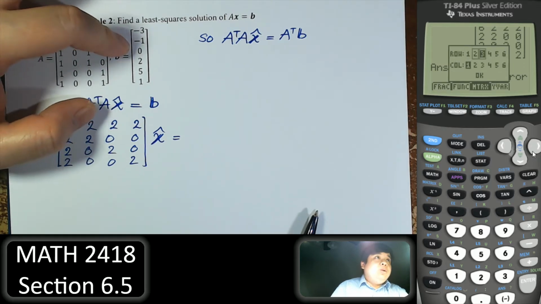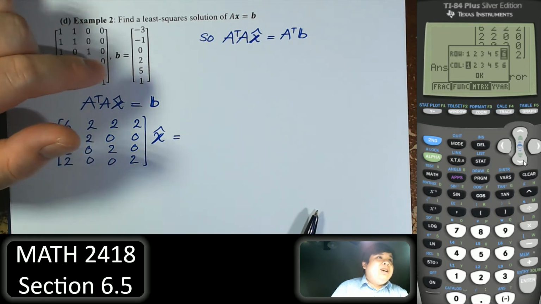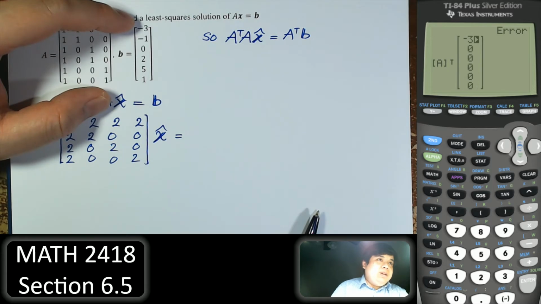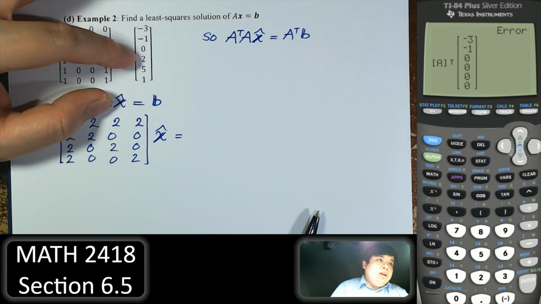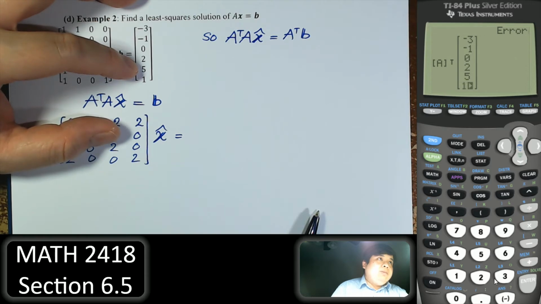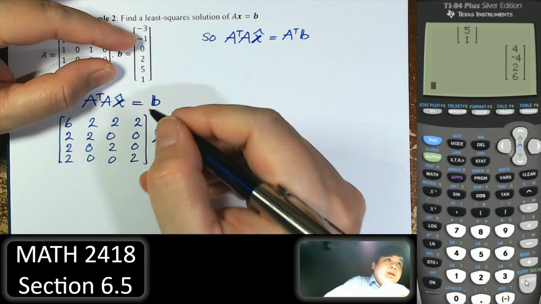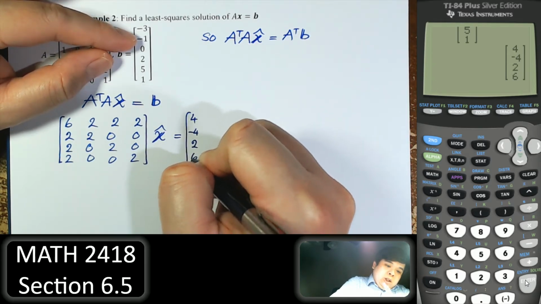B, which is, oh, good thing it can go up to 6. 6 rows, 1 column. Right, that's good. -3, -1, 0, 2, 5, and 1. 4, -4, 2, and 6.